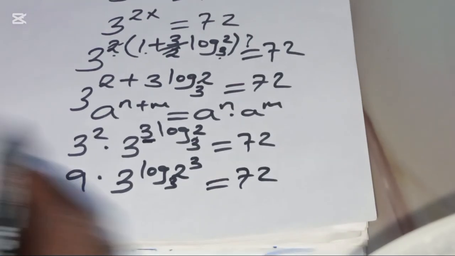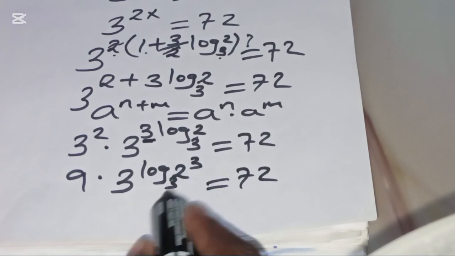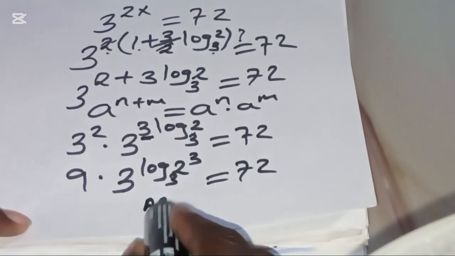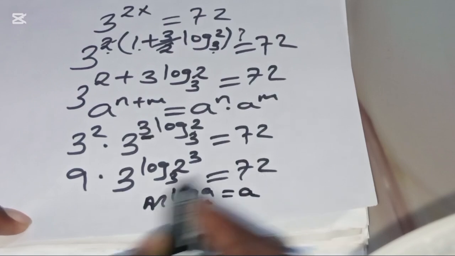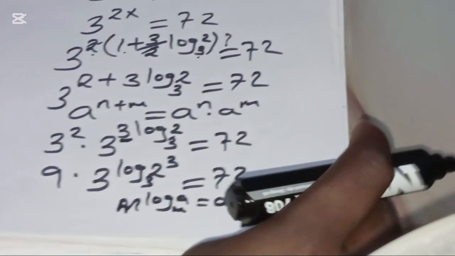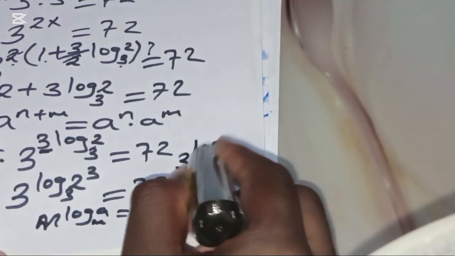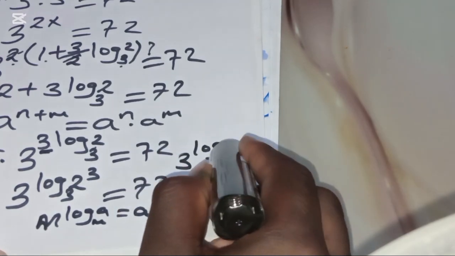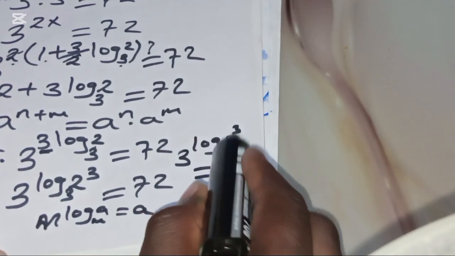Okay, now 3 to the power log 2 cubed to base 3, this is in the form of m to the power log a to base m, which should give us a value of a. So 3 to the power log 2 to the power 3 to base 3 should give us a value of 2 to the power 3.